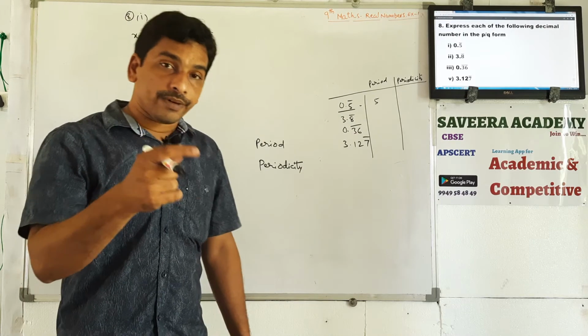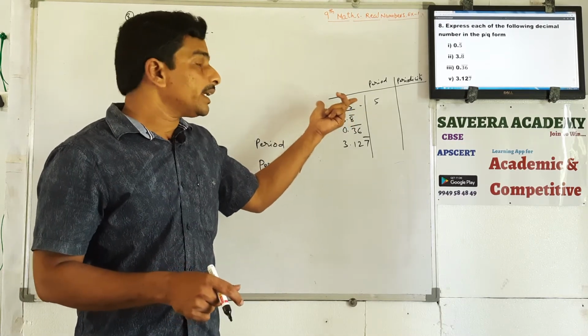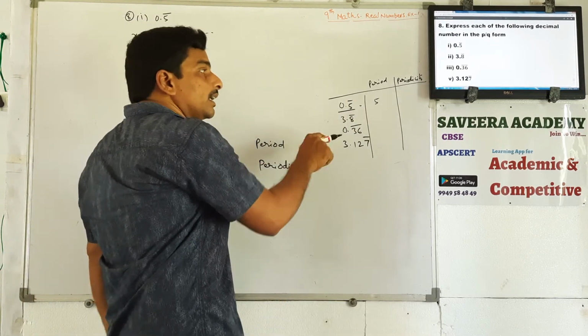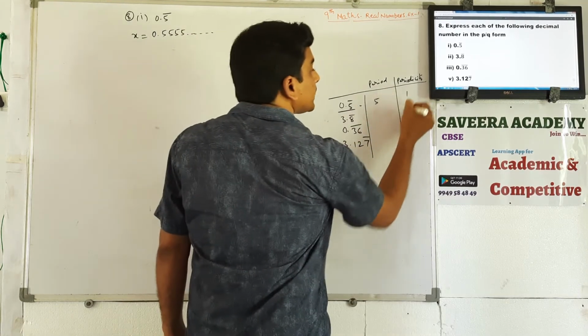Periodicity means the number of digits that are repeating in the given non-terminating repeating decimal. So how many digits are repeating? Only 5. That means only one digit is repeating. So periodicity is equal to 1.